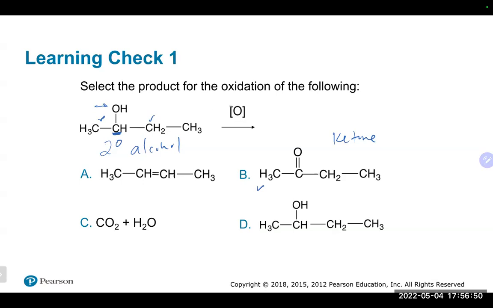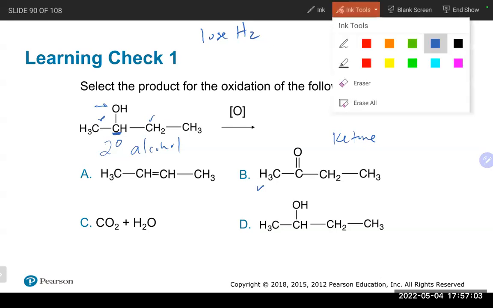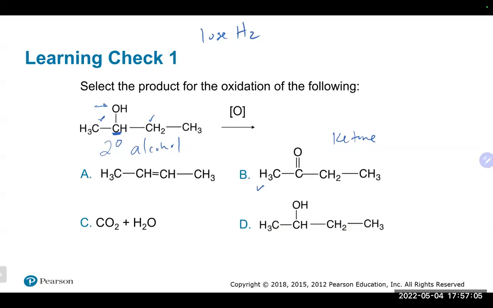But remember, in this type of thing, pretty much all of our alcohols, if you oxidize them, are basically going to lose H2. So really here, the H2 is going to come off like we've been talking about. It will always come off the hydrogen that's attached to the oxygen.